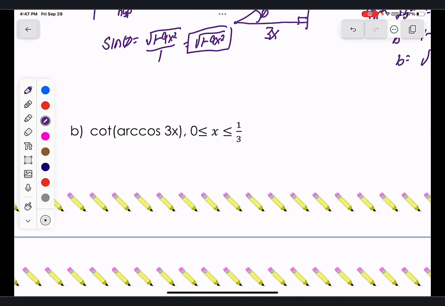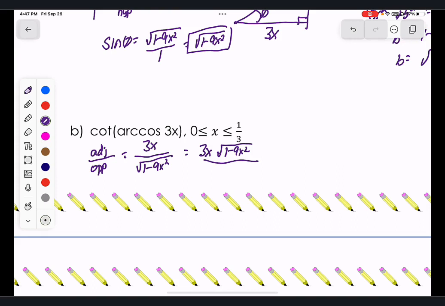And there the cotangent is going to be adjacent over opposite, which equals 3x over the square root of 1 minus 9x squared. And of course, we have to rationalize our denominator. So it's going to be 3x times the square root of 1 minus 9x squared all over 1 minus 9x squared. And that's it.